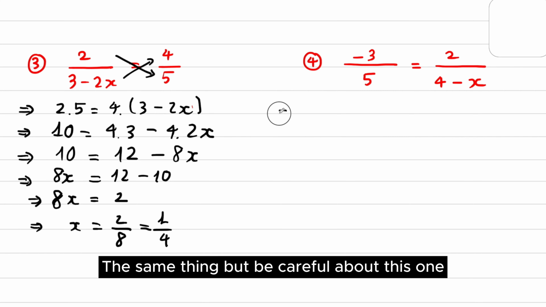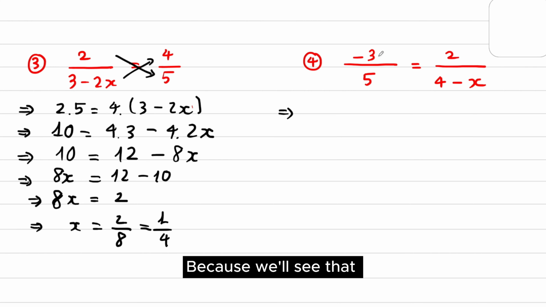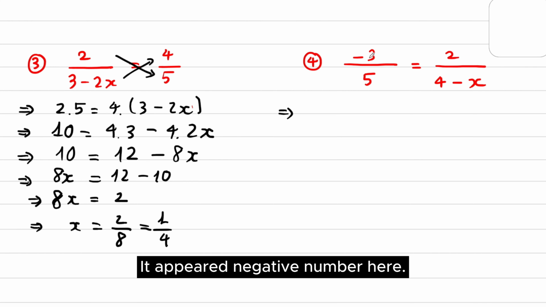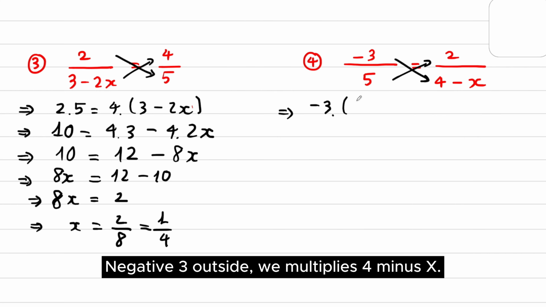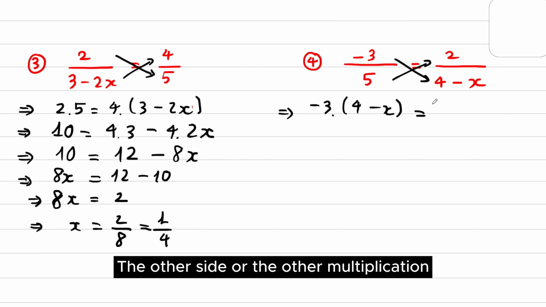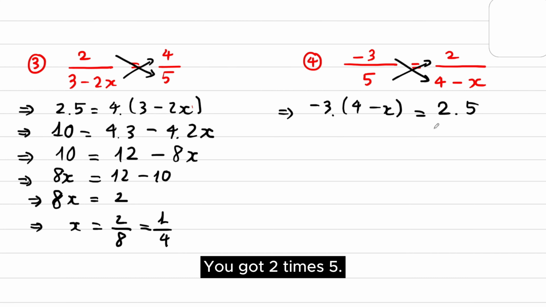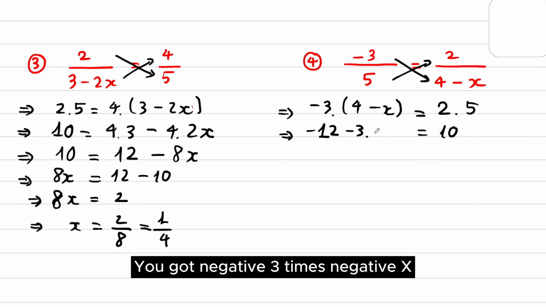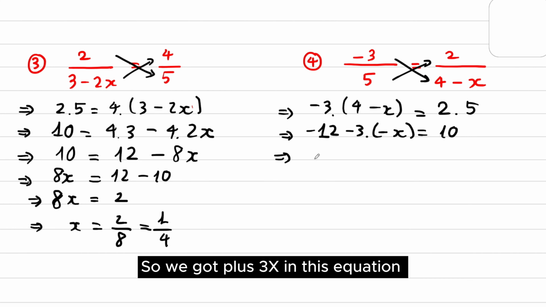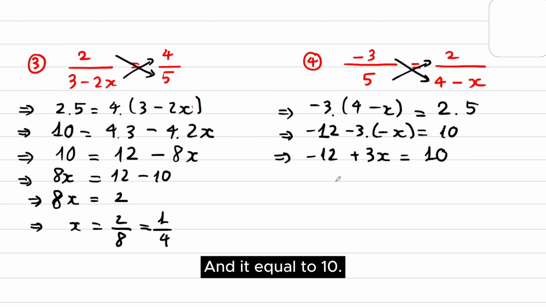Question 4, the same thing, but be careful about this one, because we see that a negative number appears in here. Okay, diagonal. Negative 3 outside, we multiply 4 minus x. The other multiplication, you got 2 times 5. Okay, here is 10. This one you got minus 12. Be careful about this, you got negative 3 times negative x. So we got plus 3h in this equation and it equals 10.